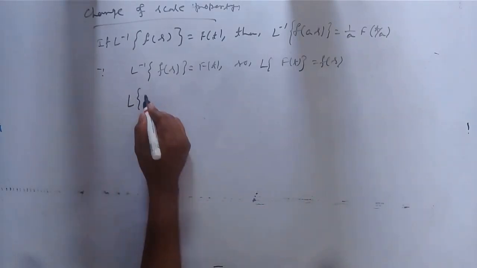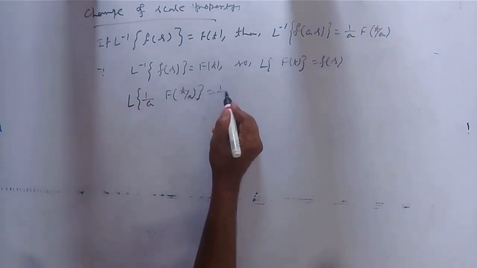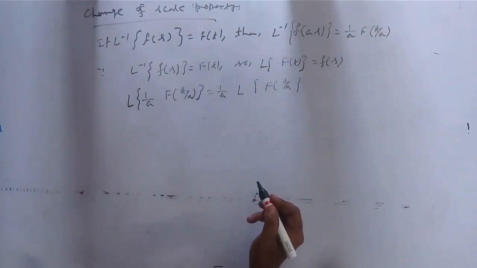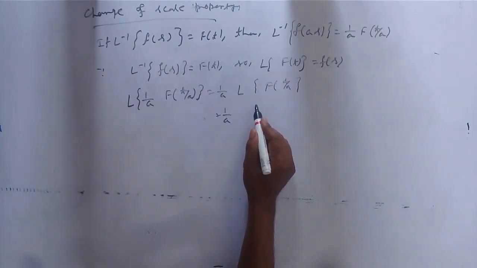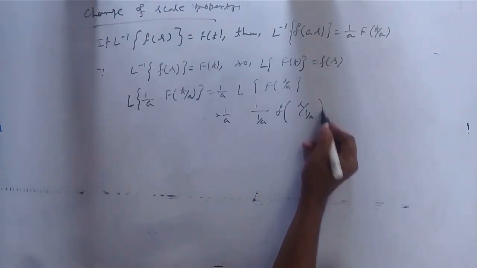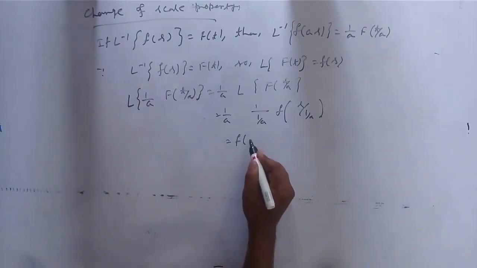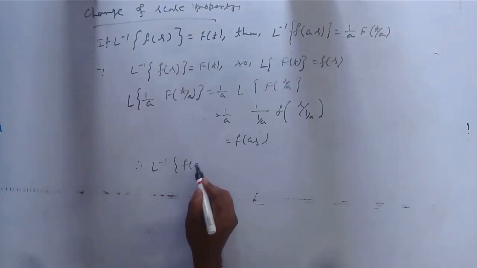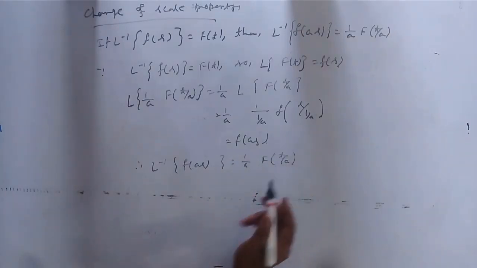Now L of 1 by a f of t by a equals 1 by a L of f of t by a, which is equal to 1 by a times a F(as) by change of scale property of Laplace transform, and that is equal to F(s). Therefore L inverse of F(s) will be equal to 1 by a f of t by a. Okay.